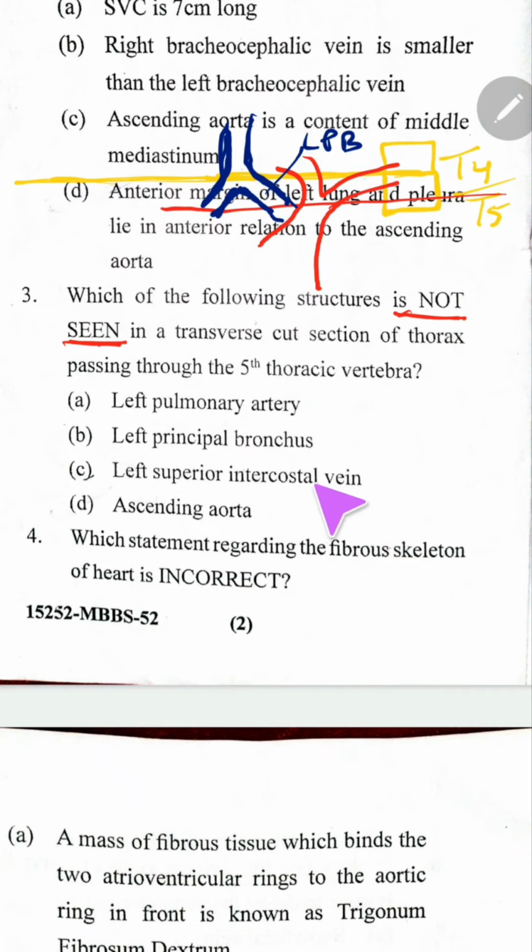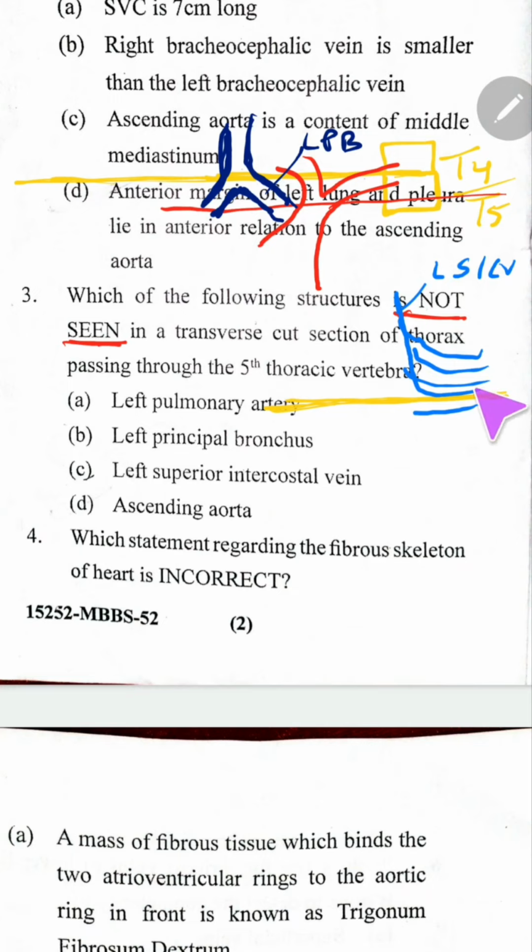Left superior intercostal vein, you have been taught about the venous drainage of the thorax, that is the azygos system, right? So if you remember, there were 4 intercostal veins on the left side, first, second, third, fourth. They were draining into the left superior intercostal vein.